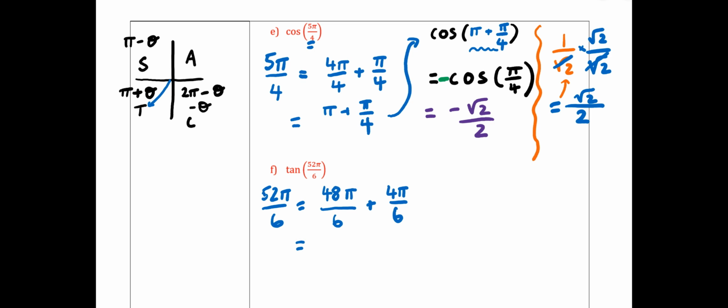So this is going to be, well, 6 times what equals 48, so that's going to be 8 times. So I've got 8 pi plus 4 pi on 6.